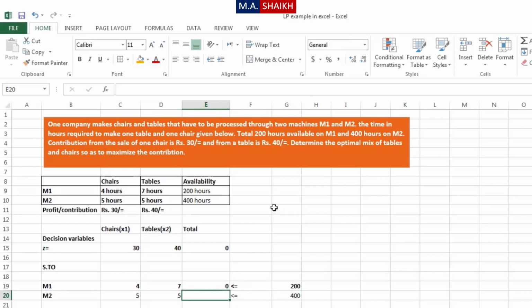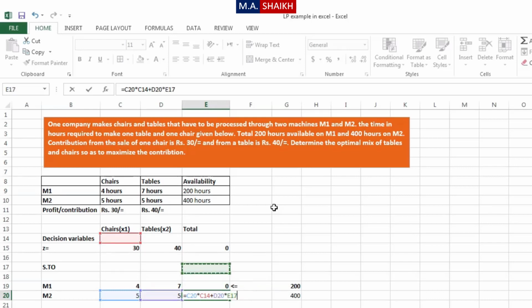Okay, now this is 5 multiplied by x1 plus 5 multiplied by x2.